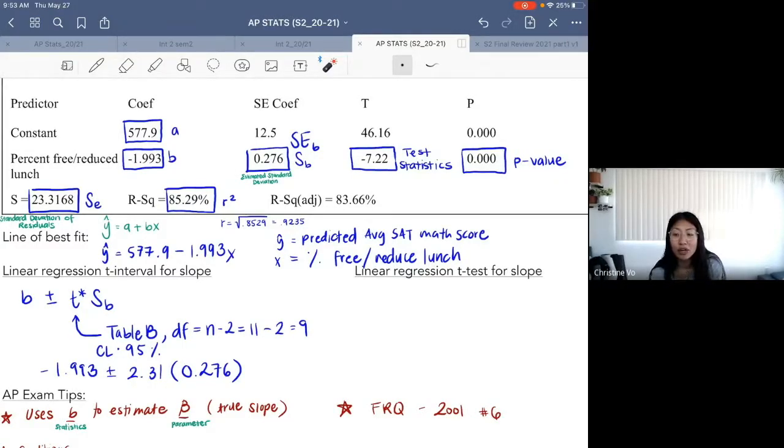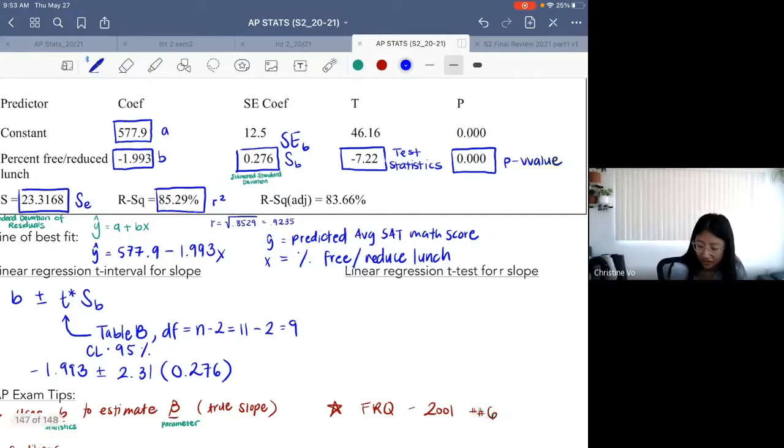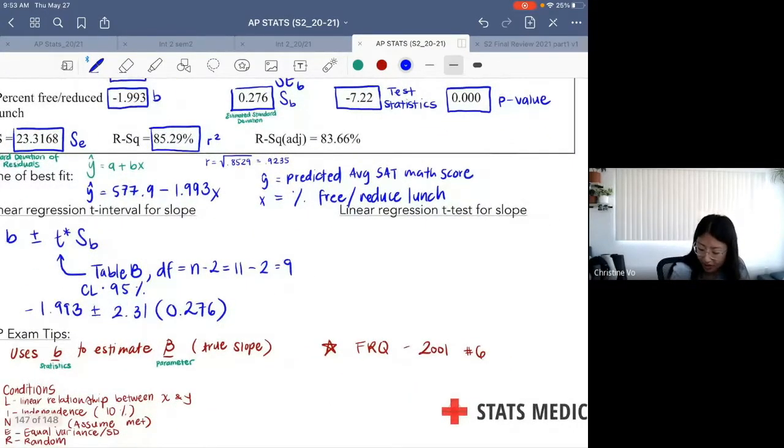And then we're also going to do significance tests, which we do with each and every type of test that we have. But for the linear regression t-test for slope, the main things that you technically need to know is what the test statistic looks like and how I calculate it.